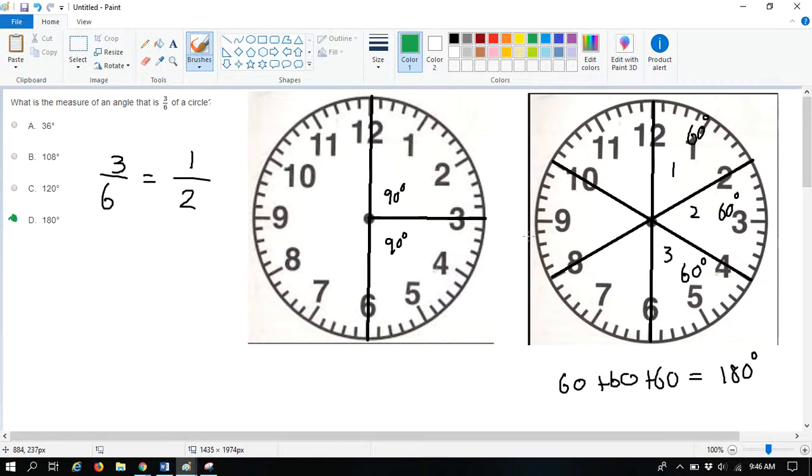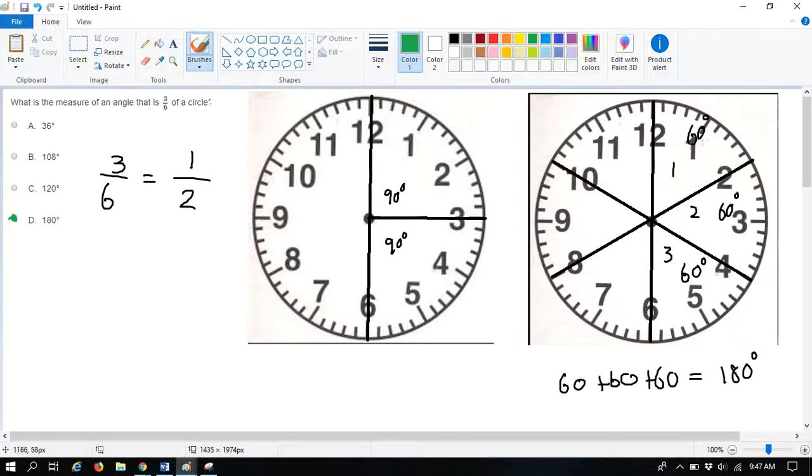And the last one was a bit challenging. They wanted us to find the measure of an angle that's 3/6 of a circle. So if you start over here on the right, I took my circle and I cut it into 6 equal parts. And I know that for every hour, it's 30 degrees. So if I cut it into 6, each part has 2 whole hours.